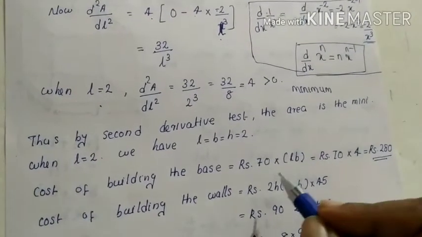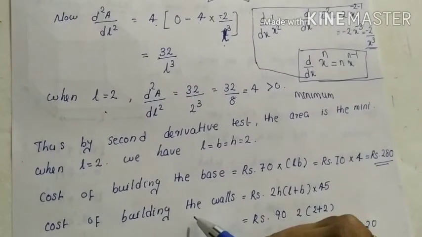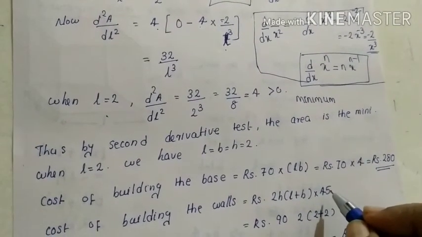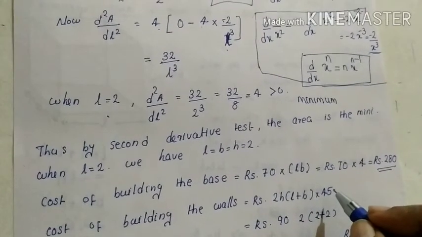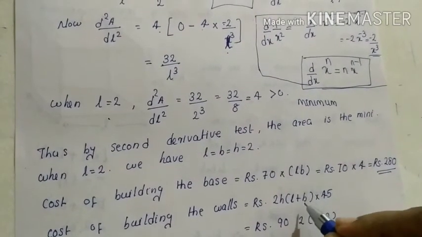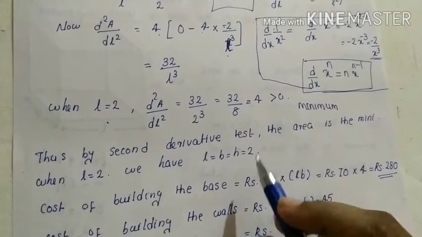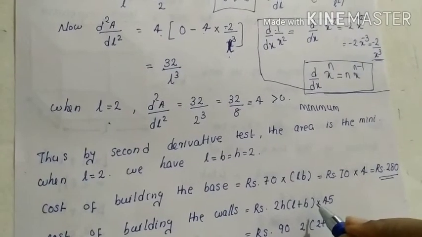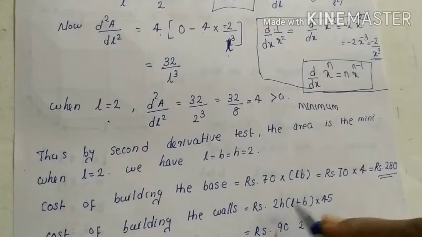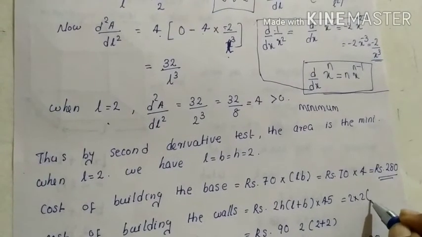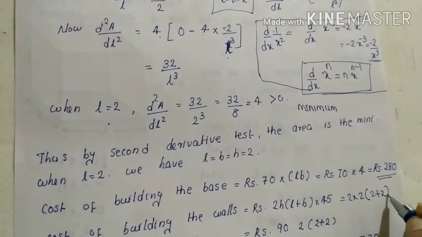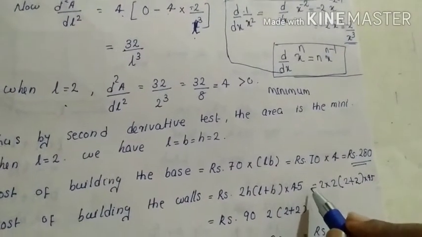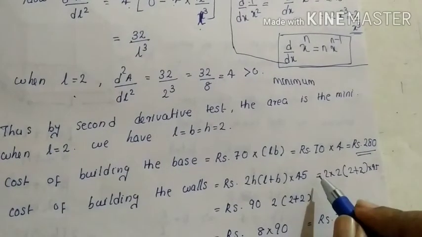Similarly, the cost of building the walls is rupees 45, and the area of the 4 walls is 2h into L plus B, and the value of h is 2. So substituting the values, we get 2 into 2 into 2 plus 2. Multiplying it with 45 rupees gives the cost of building the walls.